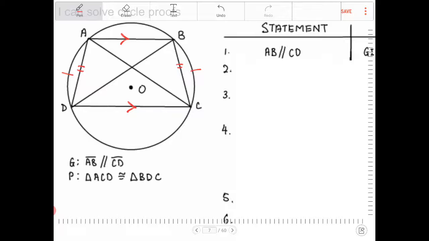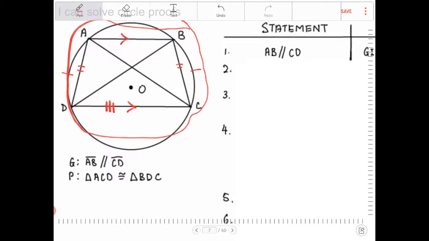So I'm almost there. If you notice, triangle ACD and triangle BDC share a common side. They share side BC. DC is shared between both triangles, so that is another side that's going to be congruent. So now I have two sides that are congruent. But wait a minute, isn't this an isosceles trapezoid?